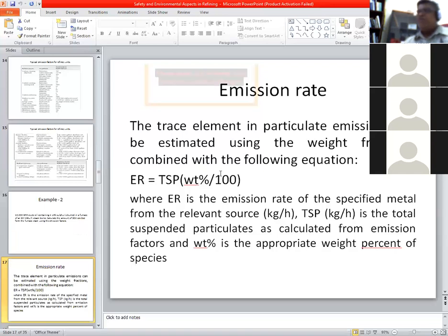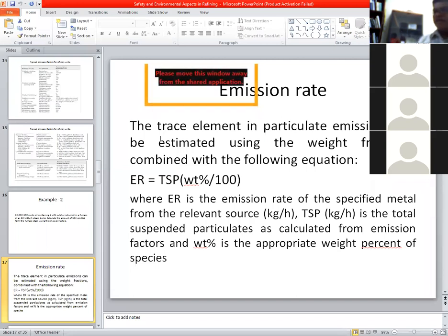Now we do another one, also the same, but just here we have to calculate the trace elements. Trace elements are normally found in the catalyst, because when the catalyst is operating, catalyst particulates are emitted to the environment.